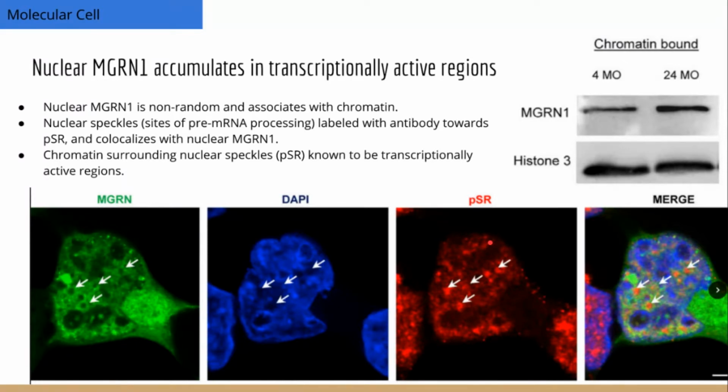And since chromatin regions surrounded by nuclear speckles, marked by this PSR, are known to be active regions of transcription, the co-localization of MGRN1 with PSR suggests that MGRN1 is accumulating in regions of transcriptional activity. So collectively, these results all suggest that MGRN1 is found in transcriptionally active regions of the nucleus.